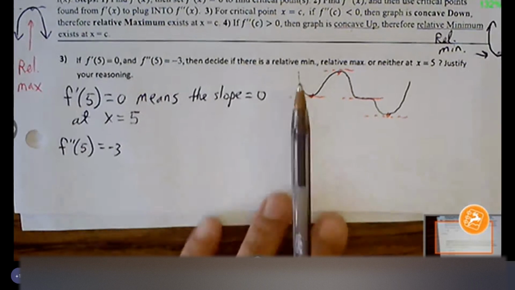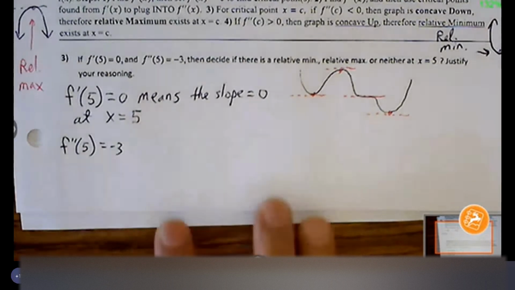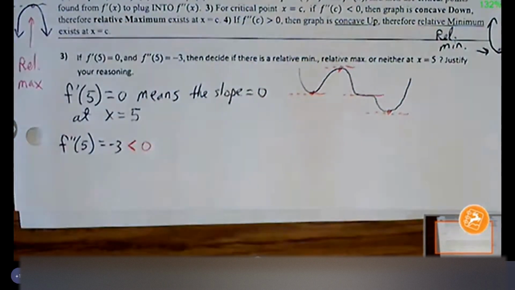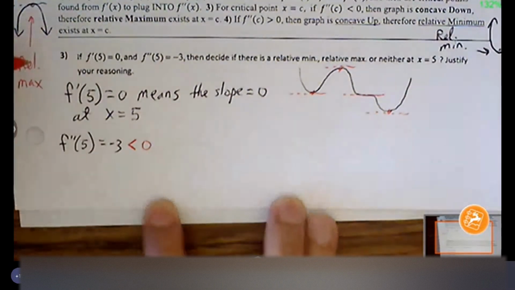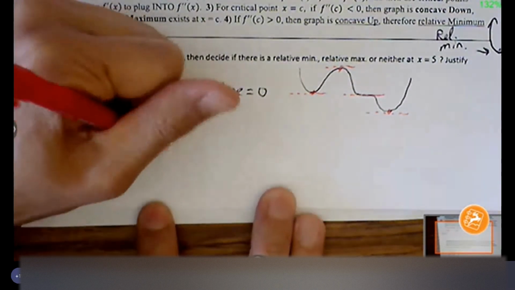Now, what does this mean? f double prime of 5 is equal to -3. Right. Good. So you look at -3, you know -3 is less than 0. Anything less than 0, we're going to associate a negative second derivative with concave down.